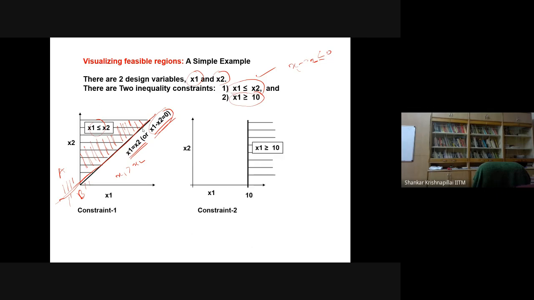Then one more constraint is that x1 is greater than or equal to 10. That is drawn like this. This is x1, this is the value 10. So this is the region where x1 is greater than 10. This doesn't specify x2. x2 can have any values.